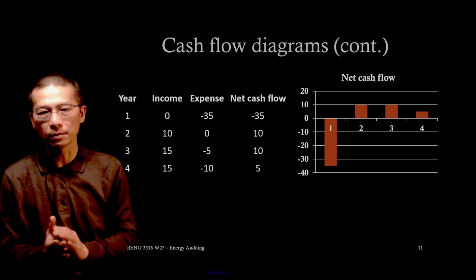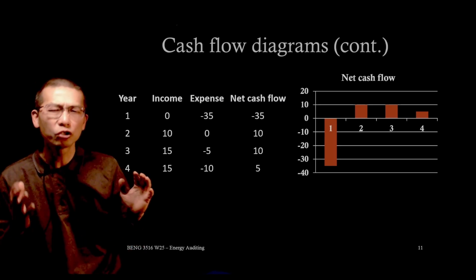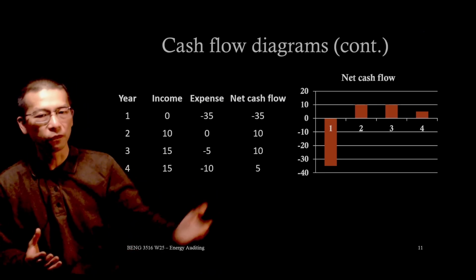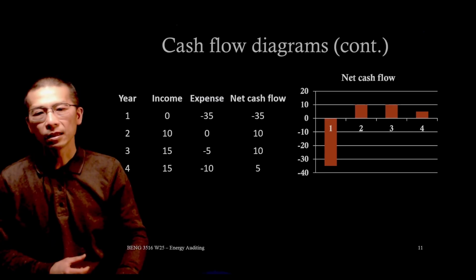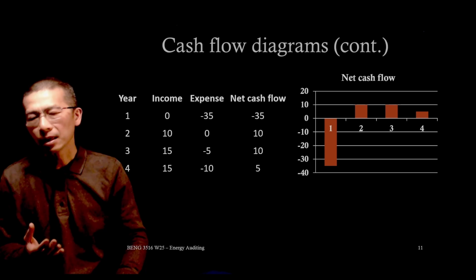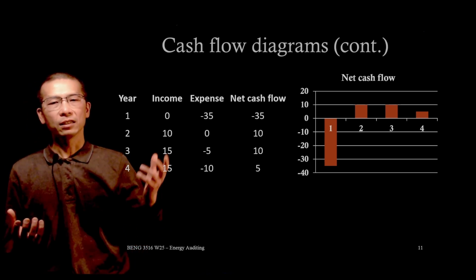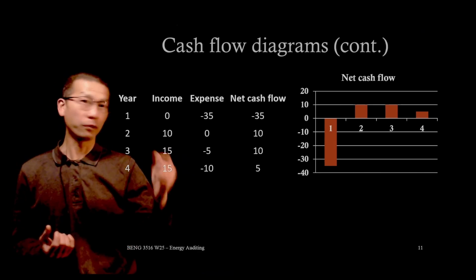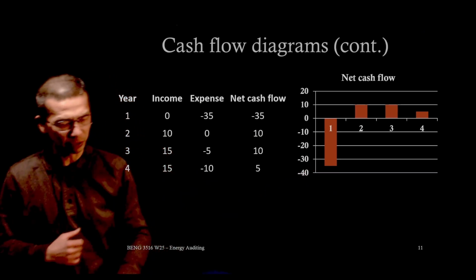It makes the project much more attractive early on, and can justify proceeding before the long-term benefit fully accumulates. Okay. The key lesson here is that in engineering economics, when money occurs is just as important as how much, right? The when, it's very important. Year 1 or year 4, big difference.